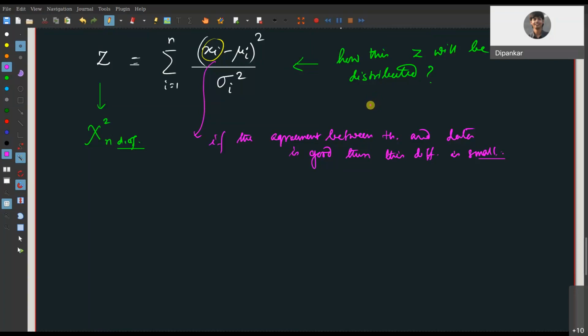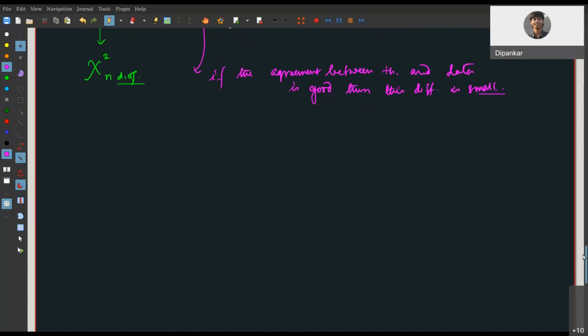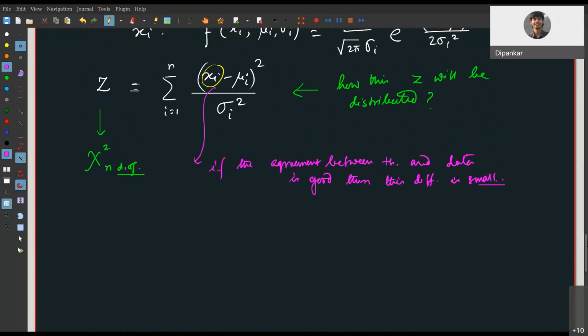Okay, so now you basically have a tool to make a quantitative statement about the agreement between theory and data.